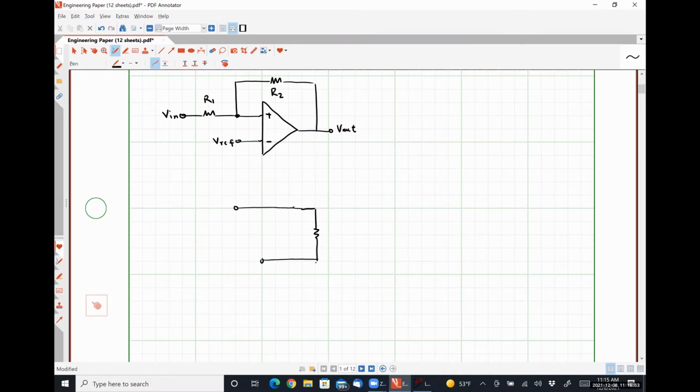I have my resistance Rn. This is my voltage at the non-inverting input terminal. This is my voltage present at my inverting input terminal. The potential difference between these guys is my differential voltage VD.